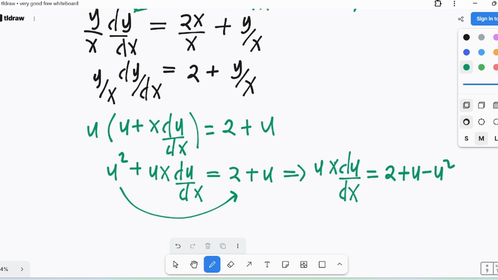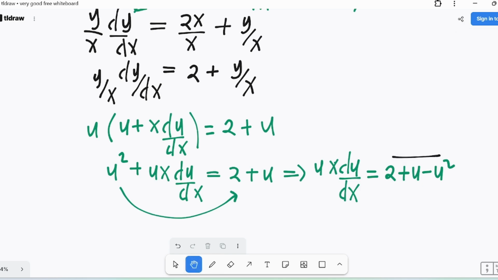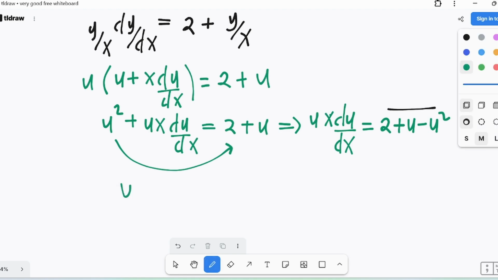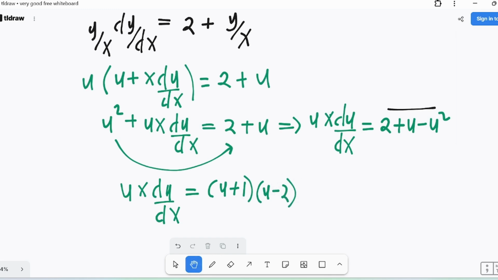So we can factorize this. Factorizing it out, we shall have ux du dx is equal to, because it is a quadratic equation, u plus 1 into u minus 2. So the next thing, we separate variables.